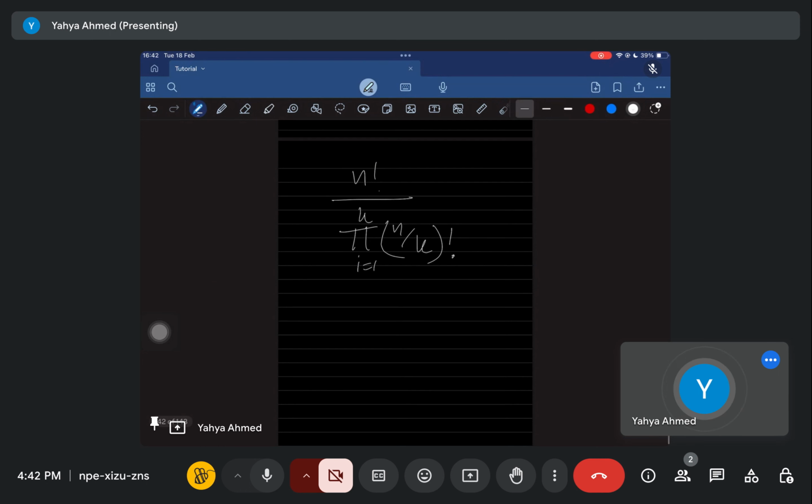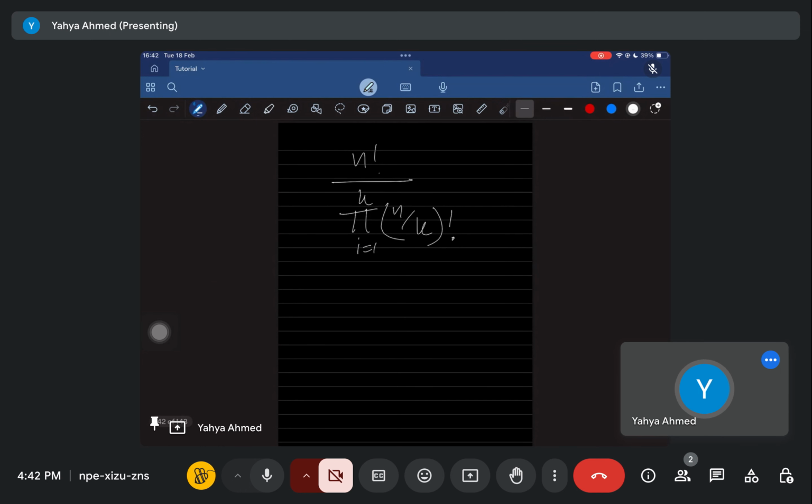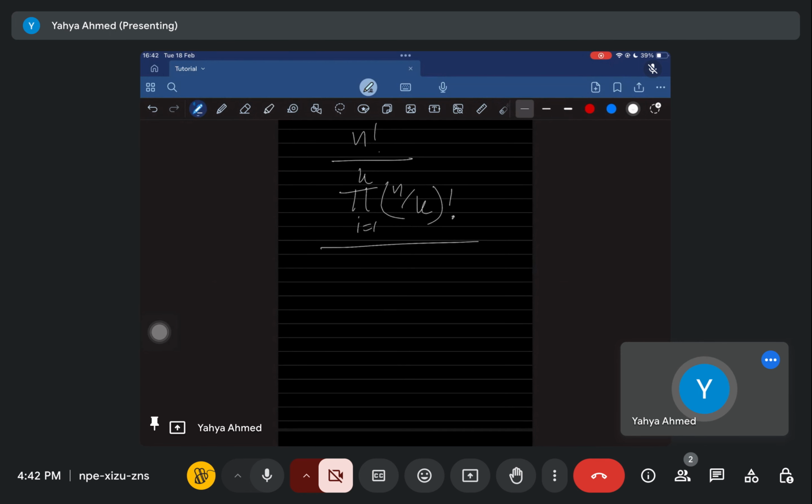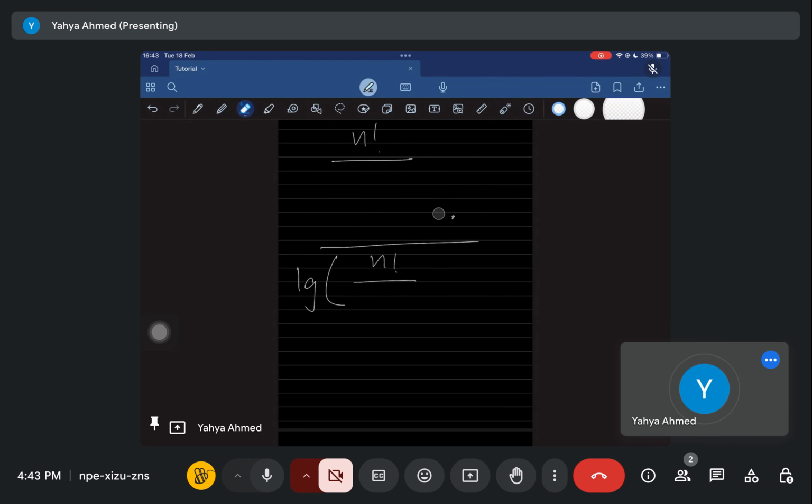Now what you could do is find an expression for the lower bound on this. So now we will just take the log. We get log of n factorial upon, and this is basically n upon k factorial being multiplied k times. So n upon k factorial, n upon k factorial, and so on and so forth. And this happens k times, so you can replace this entire product by n upon k factorial to the power k, because all of them had exactly n upon k occurrences and each had a factorial.